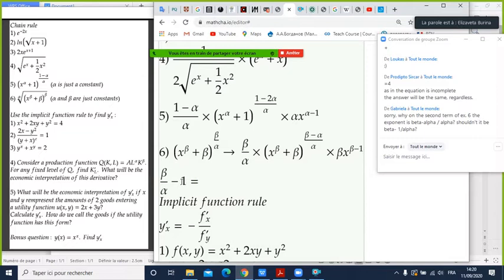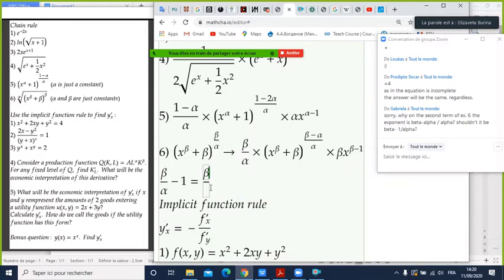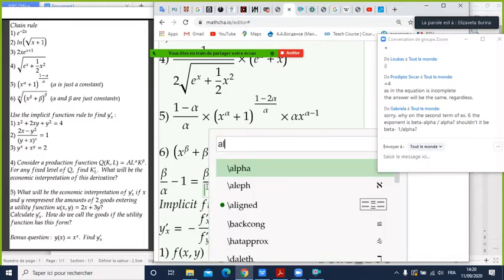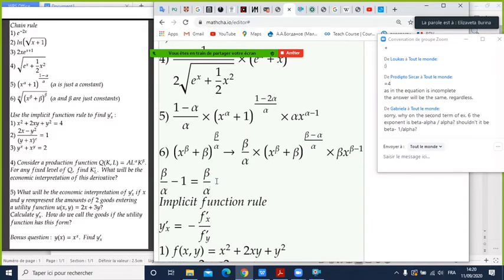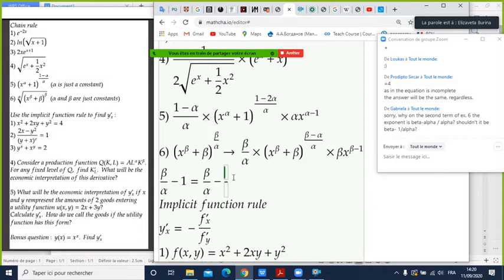So that equals beta over alpha minus, what is 1? It is alpha over alpha.